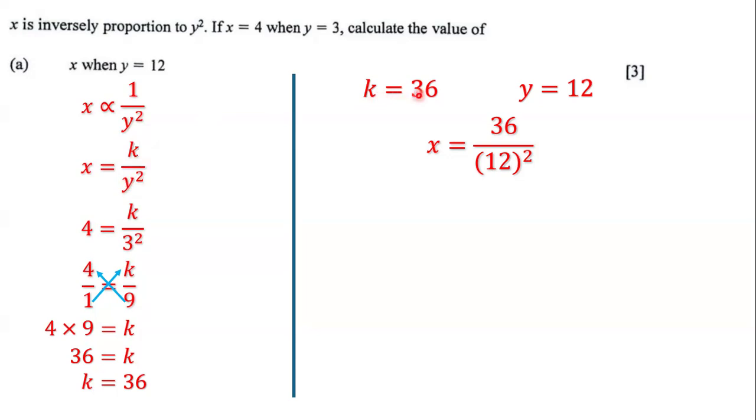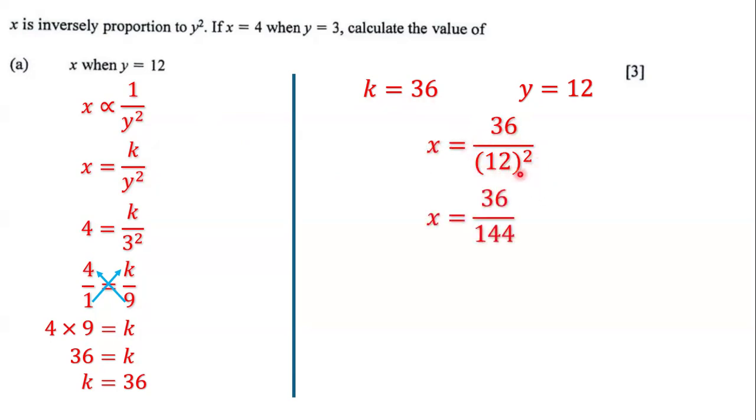What is k? We know that k is 36, so we put 36 here. What is y? Well, we know that y is 12, so we put 12 here. In this case, k is 36 and y is equal to 12. So x is equal to 36 all over 12 squared.